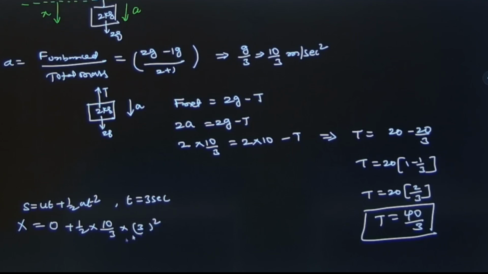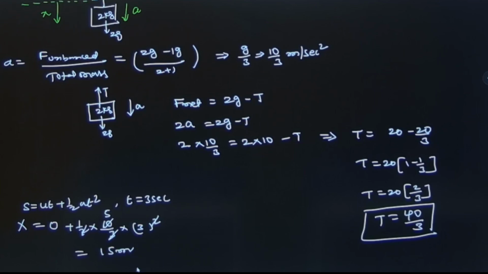So 3 square. So 3 and 3 cancel, 2 ones 2, 5s. So it's 5, half into 10 by 3 into 9. 3 cancelled, 15 meter.